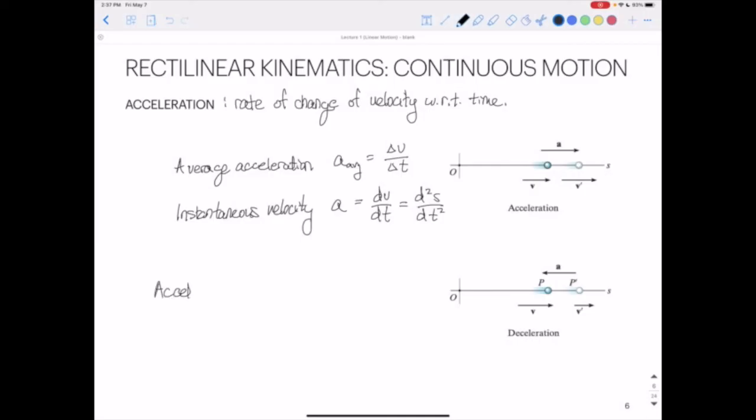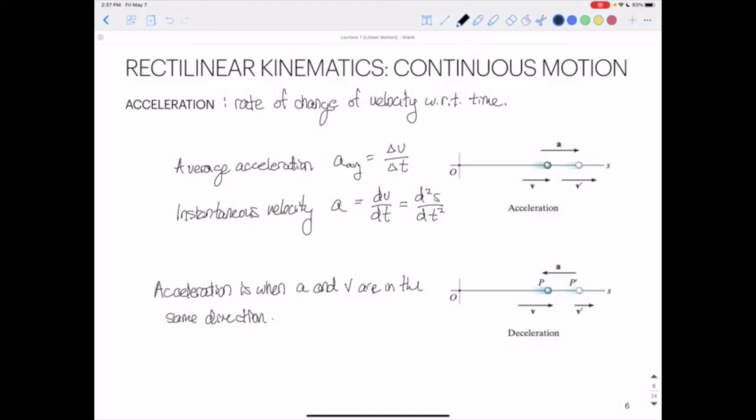So acceleration is when A and V are in the same direction. So this means that a particle with a positive acceleration would be getting faster.